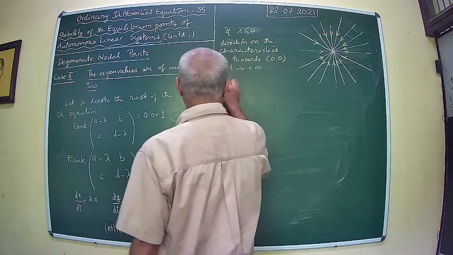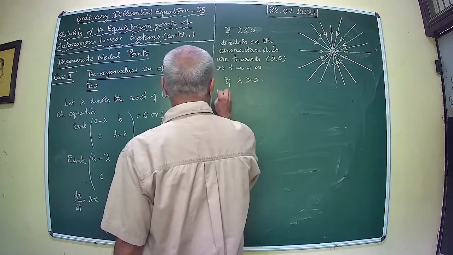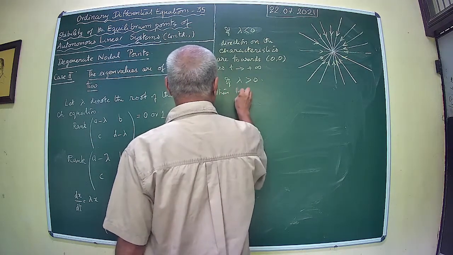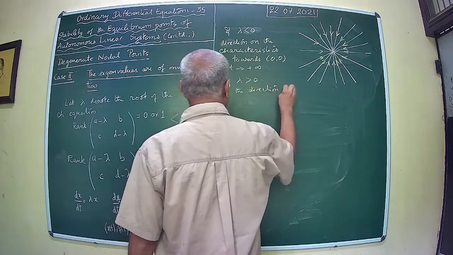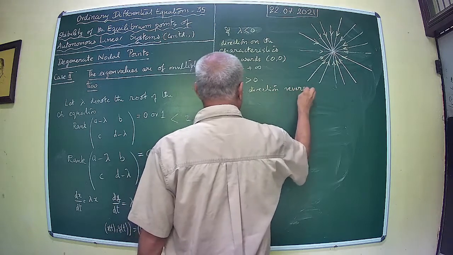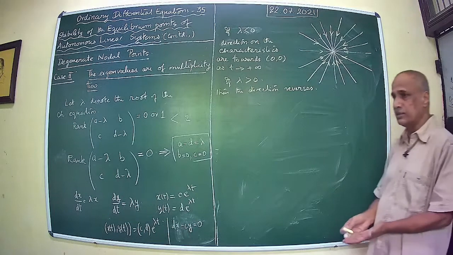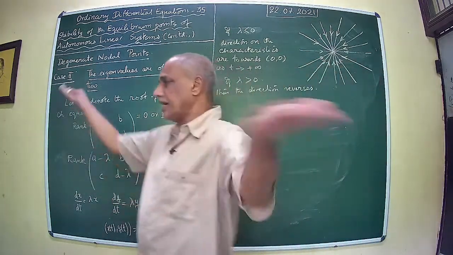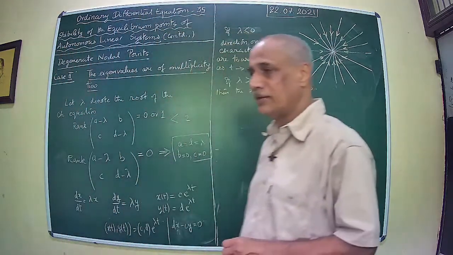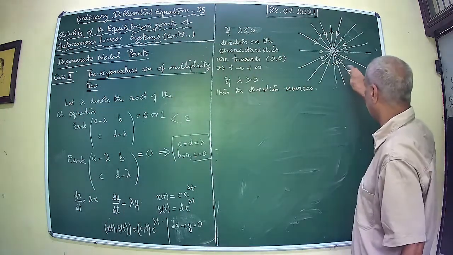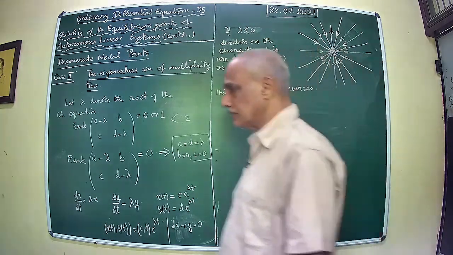But if lambda is positive, then the direction reverses. Your equilibrium point becomes a source and things will start running away from there along the radial direction. So the arrows will get reversed in the second scenario, namely when lambda is positive.